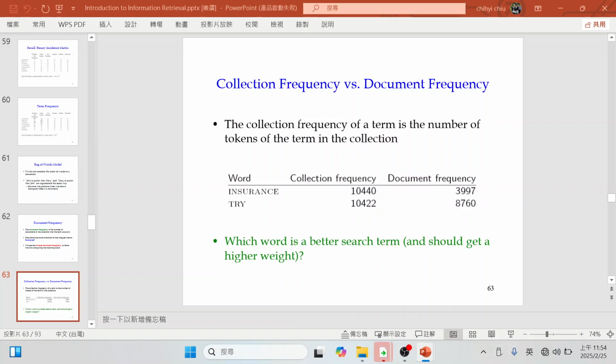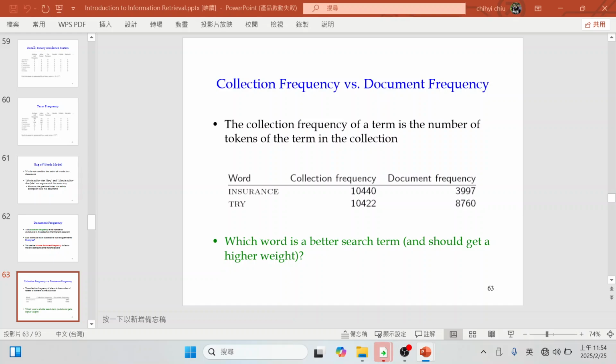Okay, so for "interest" and "try", to use the example again, the collection frequency is more than 10,000 for "interest", and for "try" it is also more than 10,000. So this means these words appear in the collection so many times. They have a similar, close frequency.